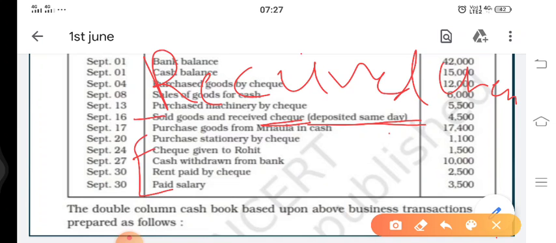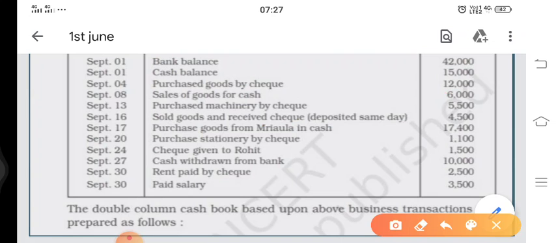We'll check it when we receive this type of question. Currently what is happening is that we received check and deposited it on the same date. That means we consider that bank got debited on the same date. Now what is happening here? Sold goods and received check.